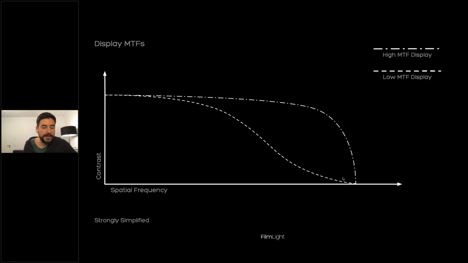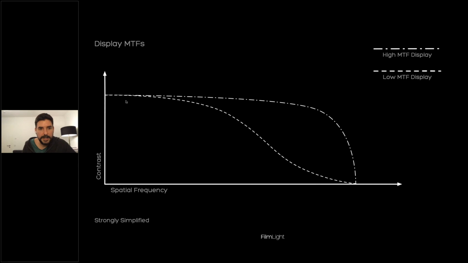And if we think about the overall perceived sharpness of a system, one method of measuring this is by the area below the whole MTF curve. This is called the Heinacher integral.